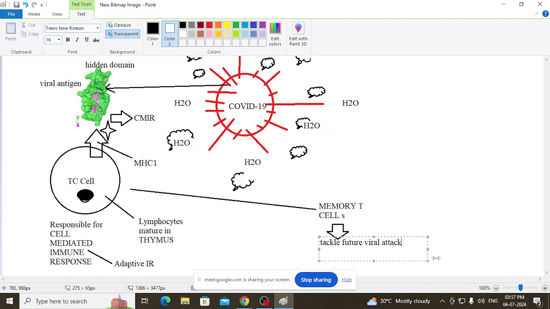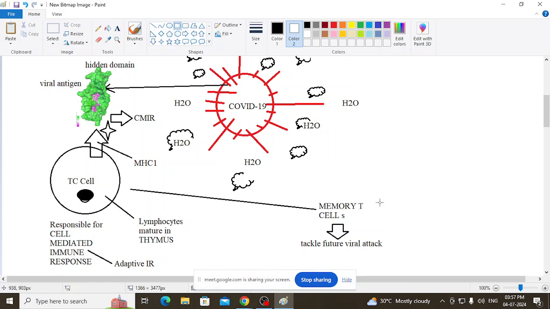This particular protein will be present in the COVID virus only, because we identified this area from COVID itself, isn't it? So memory T cells will be generated from the T lymphocytes only.